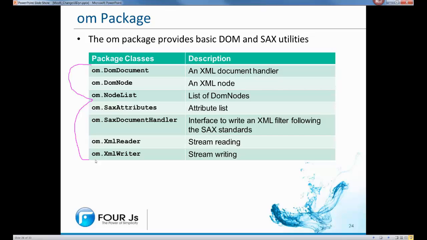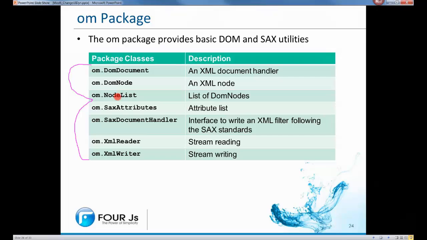Now, you may have reasons that you need to go out there and do XML file manipulation. This tends to be more specific than what I would call general BDL application programming, but I have seen people use them and need them, especially when it comes to working perhaps with web components or web services.